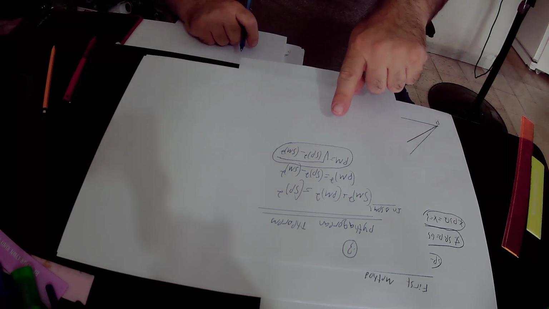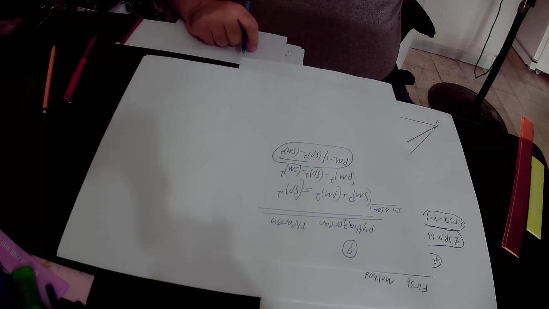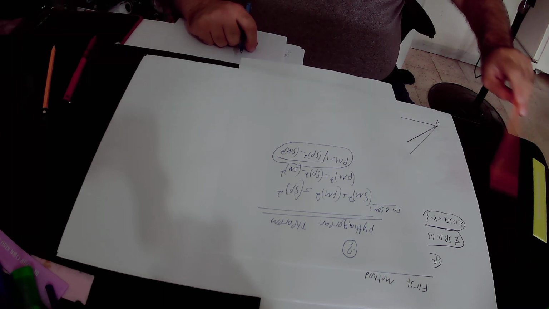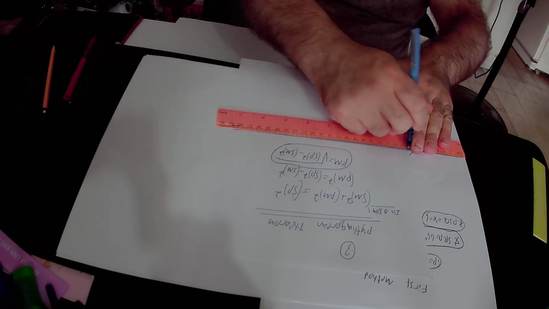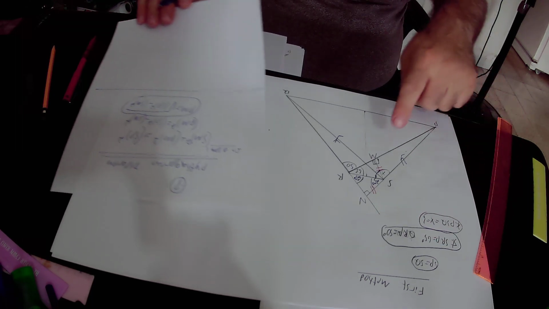PM equals the root of SP square minus SM square. So in the next step we will focus on the right triangle SNQ.